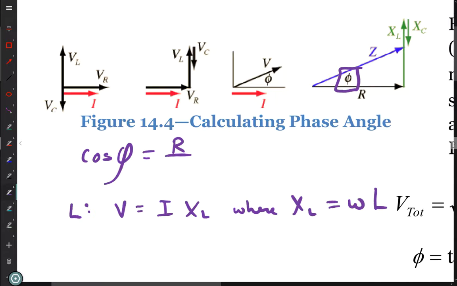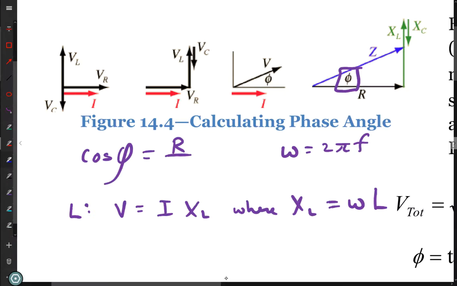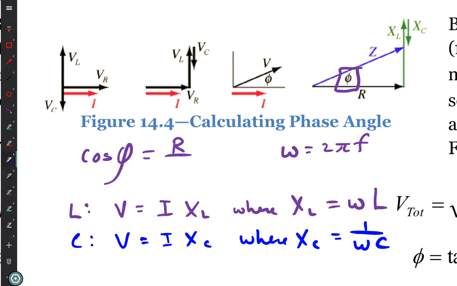where X sub L is equal to omega times L. Omega is the angular frequency. Remember, by definition, omega is 2 pi f. And L is the inductance. What are the units of X sub L? Ohms. For a capacitor, V is equal to I X sub C, where X sub C is equal to 1 over omega C. Once again, X sub C is the reactance in units of ohms.